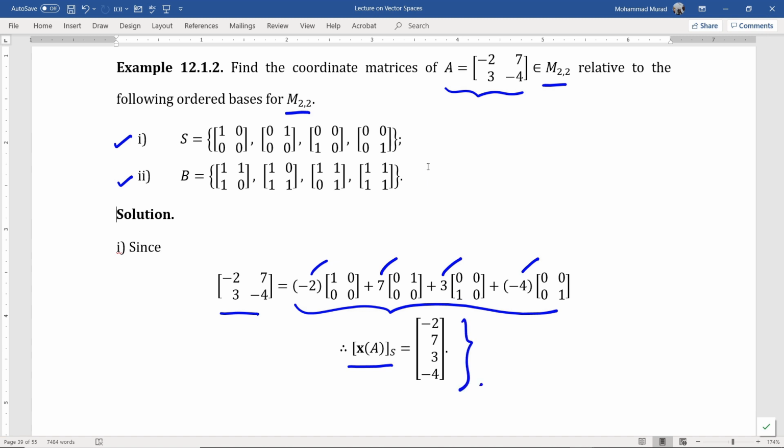So the matrix A with entries -2, 7, 3, -4 has the coordinate matrix relative to the standard basis S: -2, 7, 3, -4. This is an element in the space R⁴.